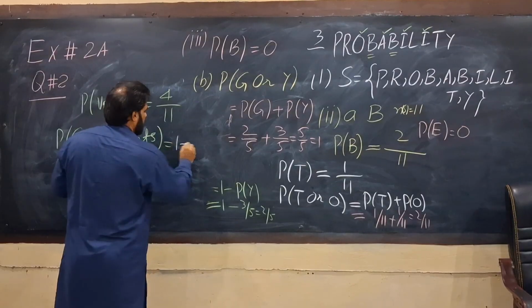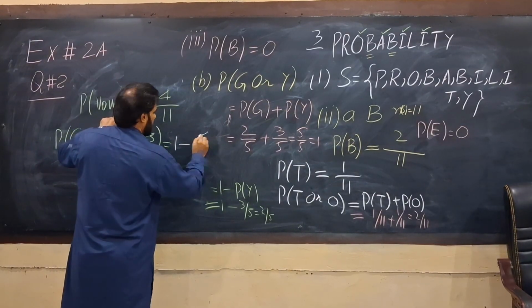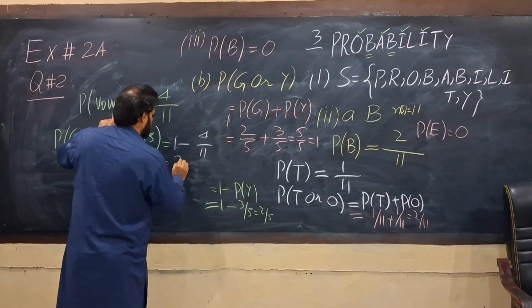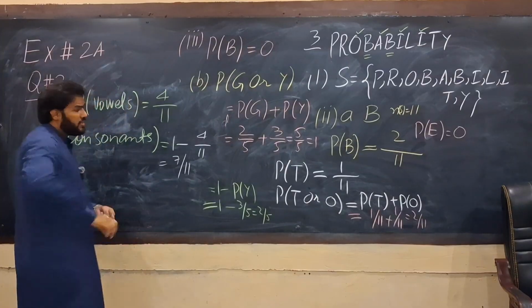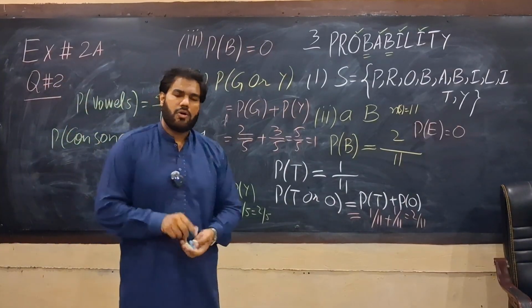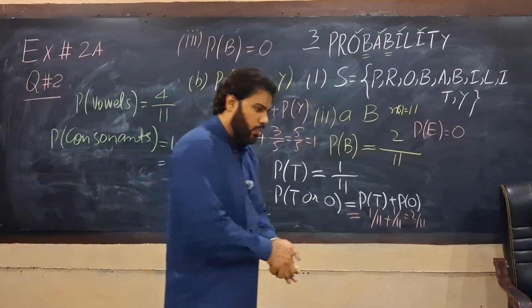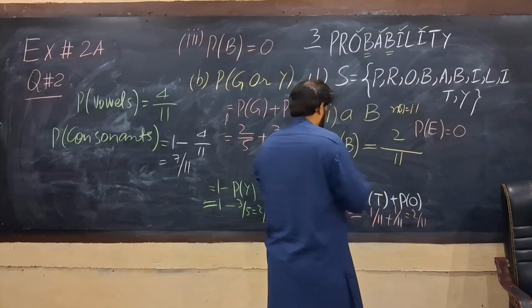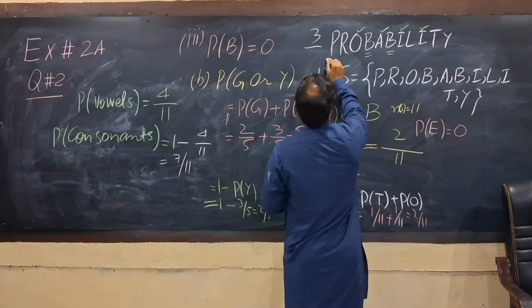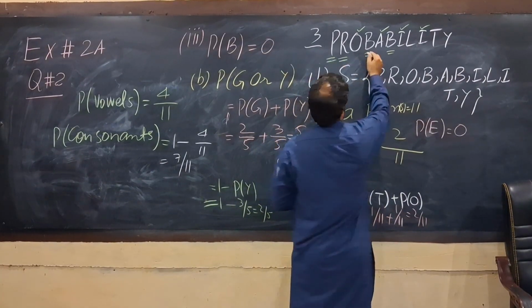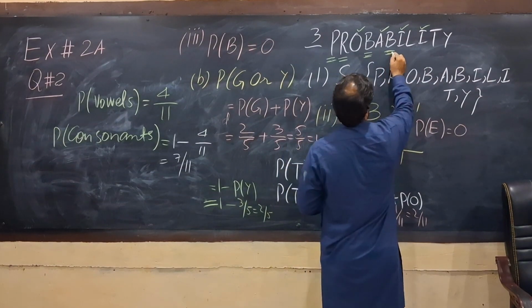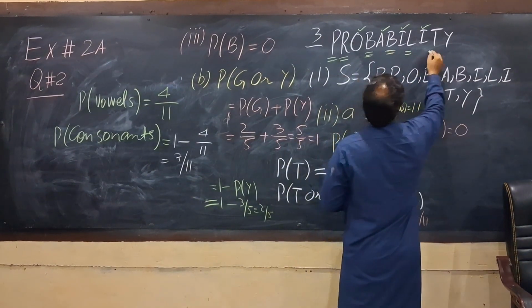So this is given by 1 minus the probability of vowels, that is 4 by 11. This is equal to 7 by 11. The other way, you can directly count the consonants in the word probability. The first consonant is P, 1, 2, third is B, again B, 4, 5, 6 and 7.